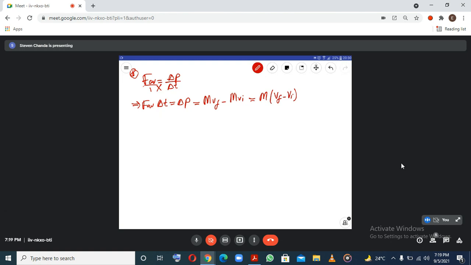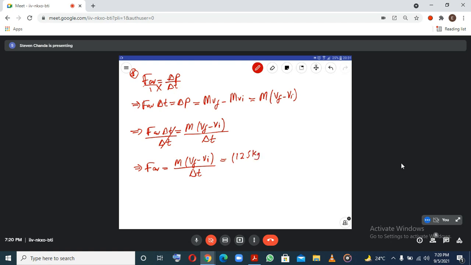Remember, all this we're just deriving the average force over change in time. So what we are then having is average force over change in time.